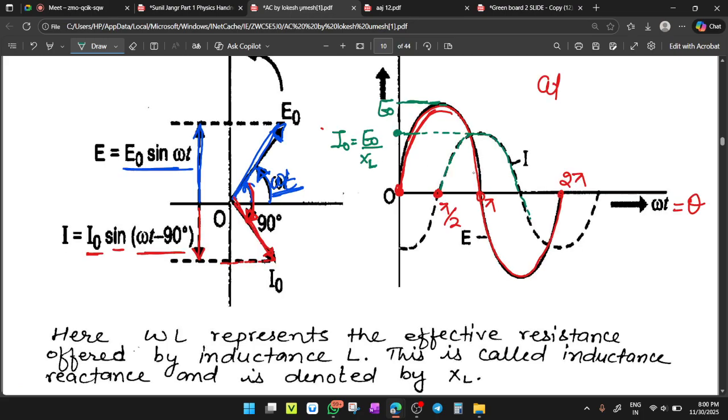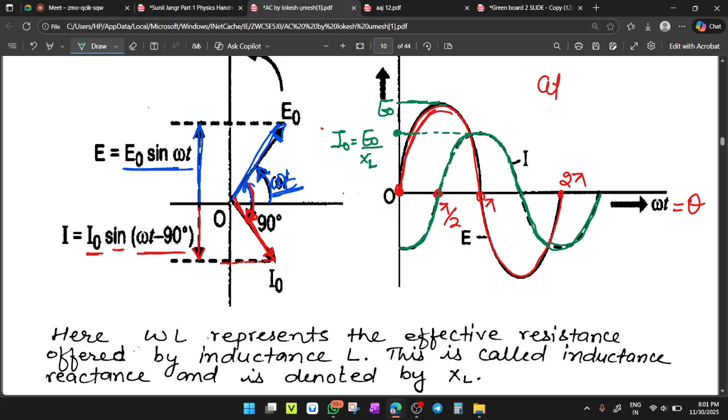So it has a smaller value compared to the applied EMF. This starts from pi by 2, so make a wave graph like this. This is the wave graph for alternating current. In this way, you have the graph for the alternating voltage and alternating current.